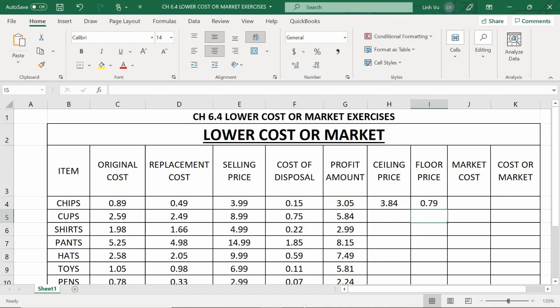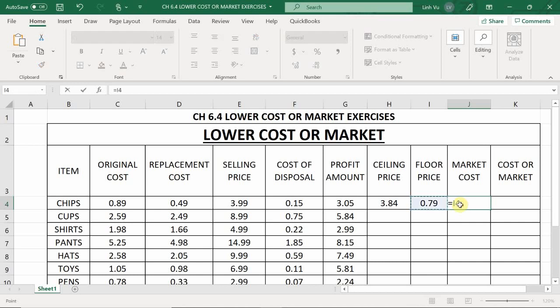So again, we're going to compare 3 numbers: our ceiling, floor, and replacement cost. We're going to put it on a number line. Which is the highest value out of the 3 numbers? The $3.84. Which one's the lowest? Replacement. So the only number I'm left with is my floor price of 79 cents, and that's going to be determined as my market because it falls between the highest and the lowest value.